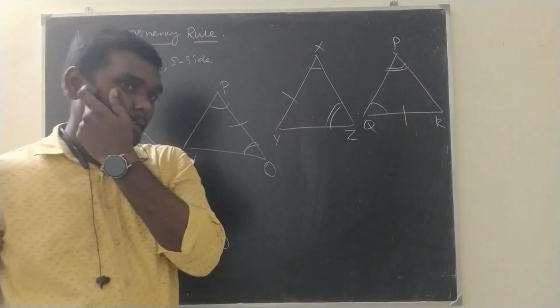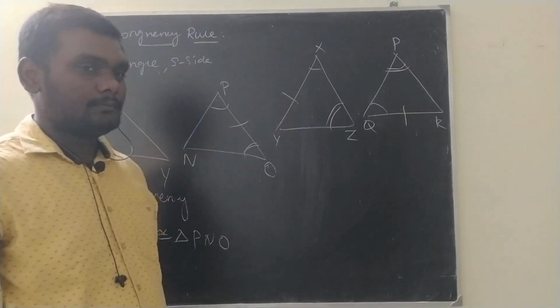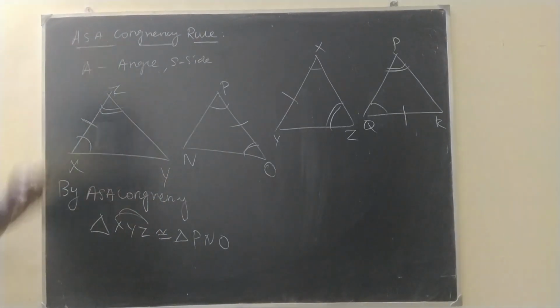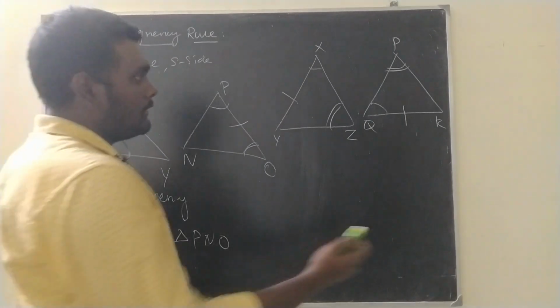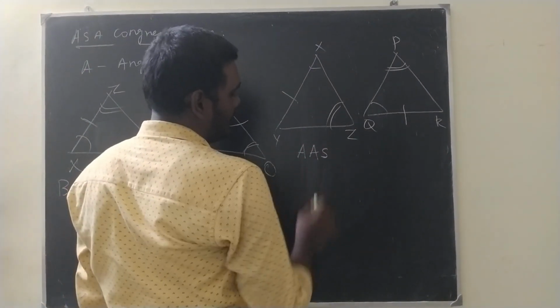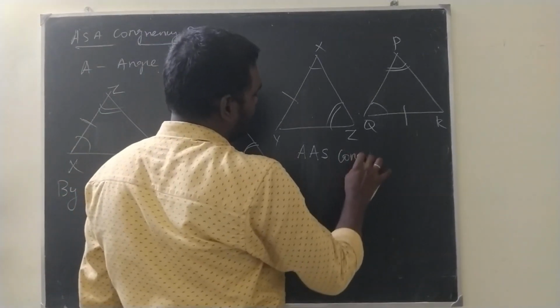Then the rule name is slightly different. In this case we said the ASA congruency rule. Here it is angle, angle, side: the AAS congruency rule.